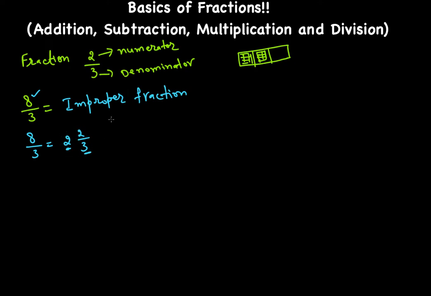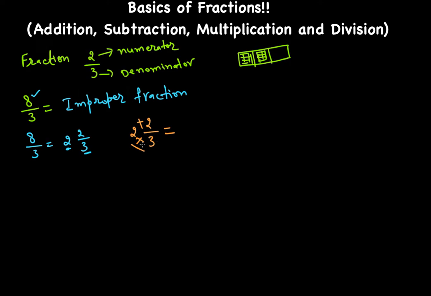The question they might ask you is to change this mixed number into an improper fraction. For example, they give you 2 and 2/3 and ask you to change this mixed number to an improper fraction. What we're gonna do is multiply these two numbers, and whatever we get after multiplying, we add that to the numerator.